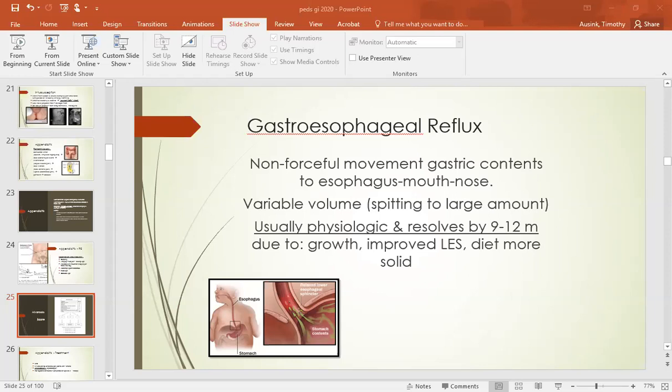Okay, so gastroesophageal reflux, we talked about all that. They're going to have this non-forceful movement of gastric contents up into the esophagus, basically because the esophageal sphincter is not as tight as it needs to be. And so as the stomach contracts, you're going to reflux acidic stuff up into the esophagus.